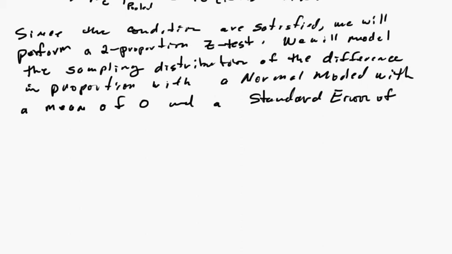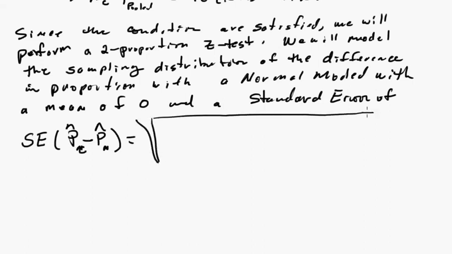Now our standard error for our model is going to be this. What do we expect of the difference? So that's going to be the square root of, and we're going to use p hat pooled.